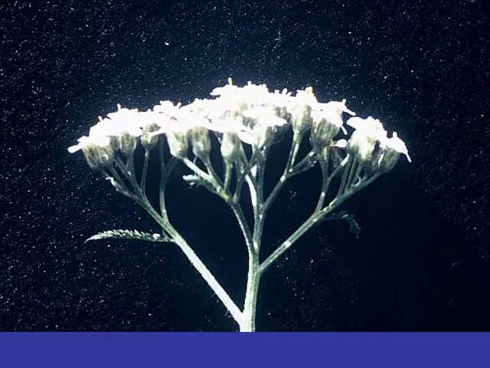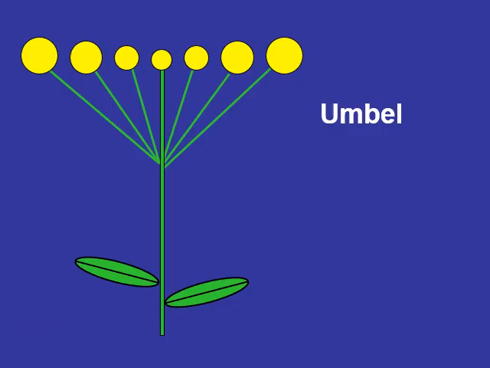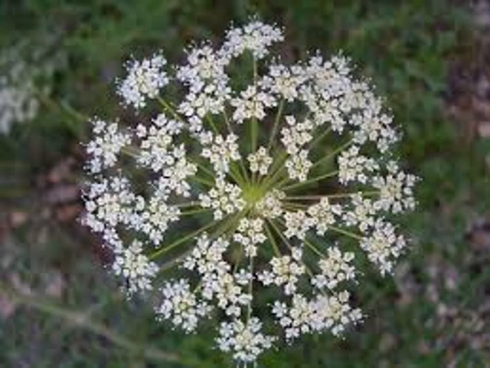Yeah, there's a wild carrot. You may not have known that carrots do that the second year. And you could have this variation. What if all of those come out from exactly the same point on the stem? In that case, that small variation is called an umbel. So just another variation on what racemes can do. Yeah, this is poison hemlock, the stuff Socrates had that killed him.